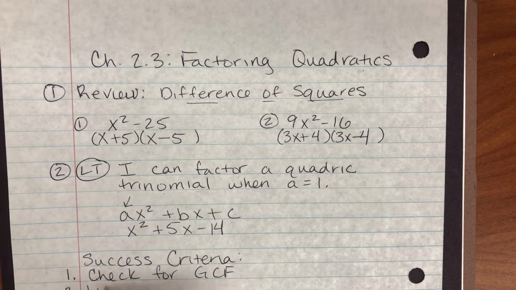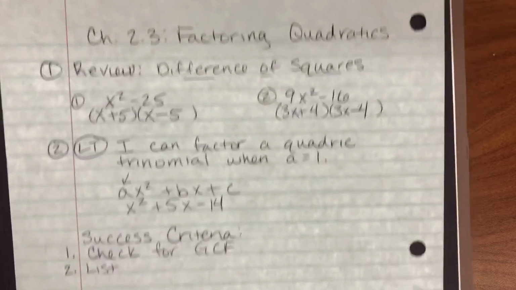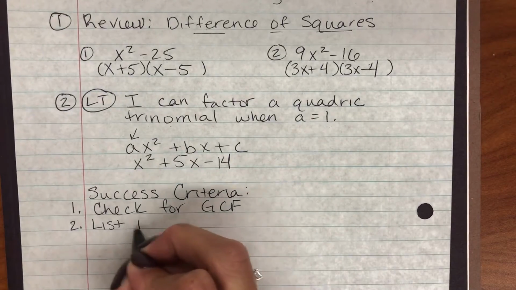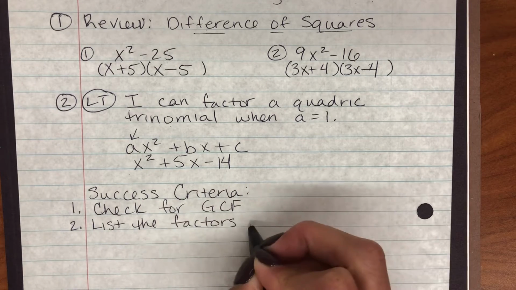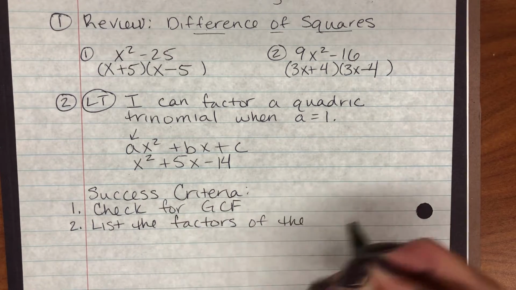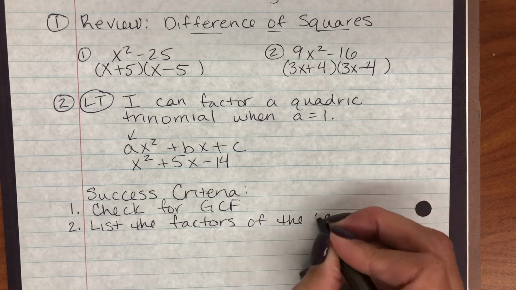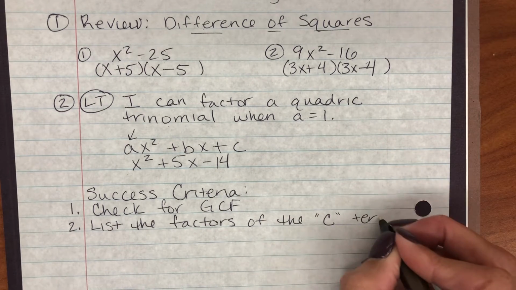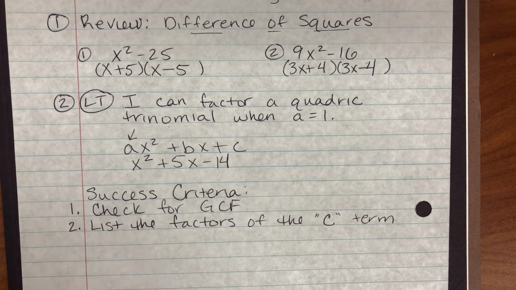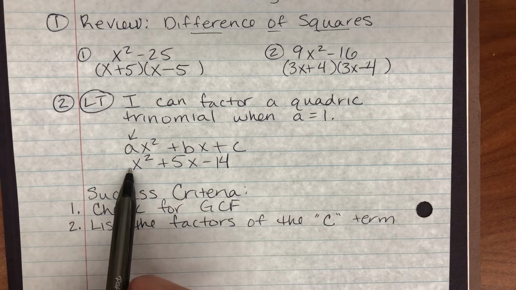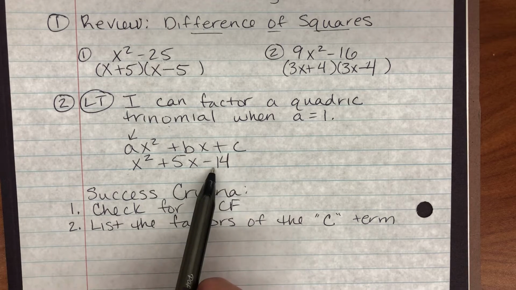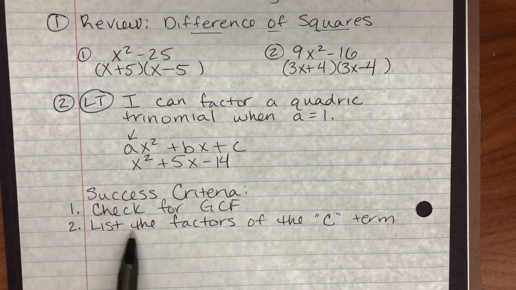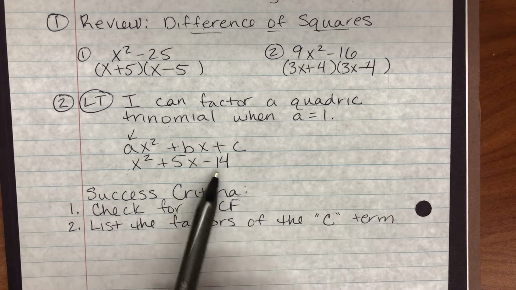So now I can go to step 2. And now I'm going to list the factors of the C term. So in my problem, A is 1, B is 5, and C is negative 14, okay? So my C term is negative 14.